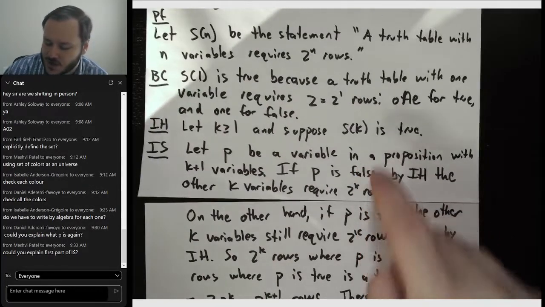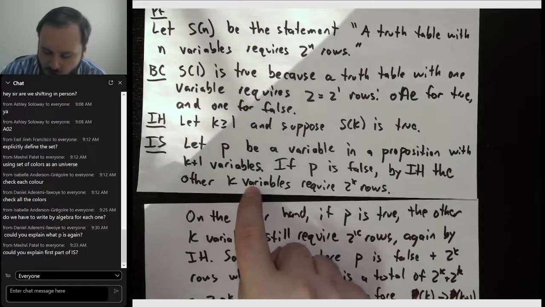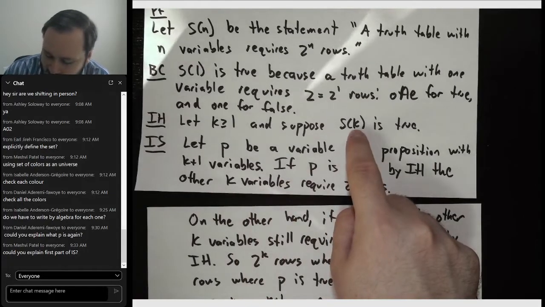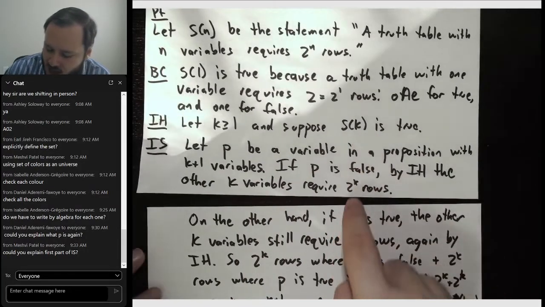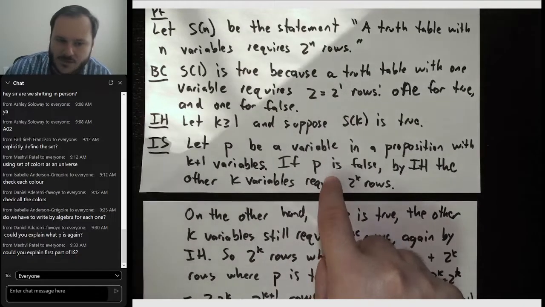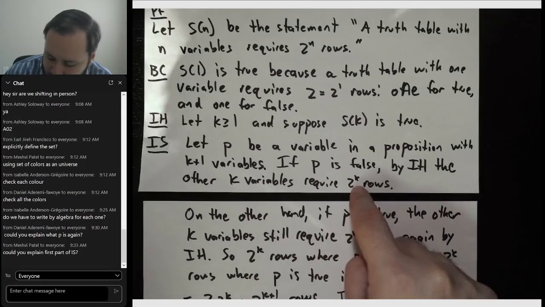That's an option. If P is false, now there's only k variables left over. I know how to deal with k variables. S of k tells me how to deal with k variables. I need 2 to the k rows. So when P is false, when this one particular variable I've picked out is false, I need 2 to the k rows.